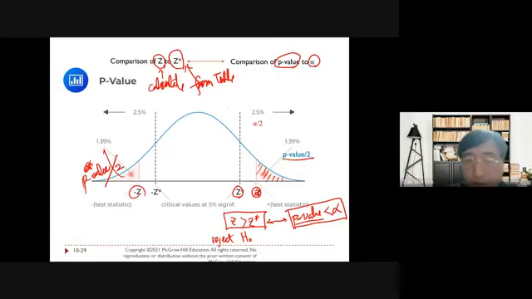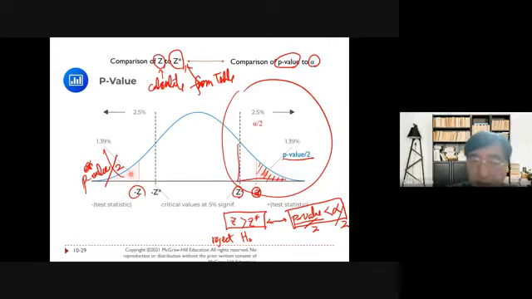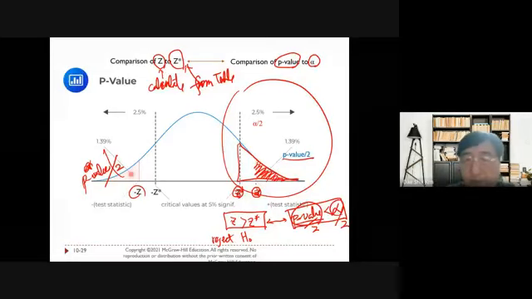When you look at only this side, half p is smaller than half alpha, right? This is alpha, half alpha, because the critical Z value is here. This area is half p-value. So when I use both sides, p-value is compared to alpha.